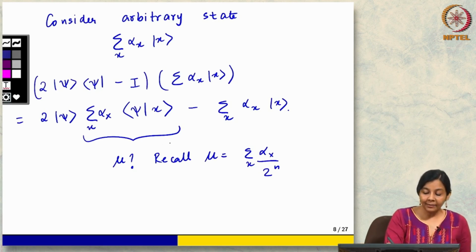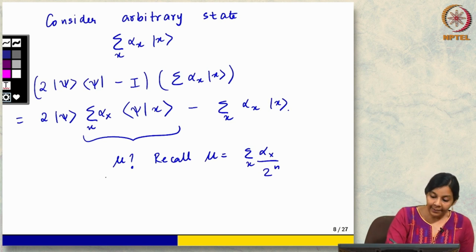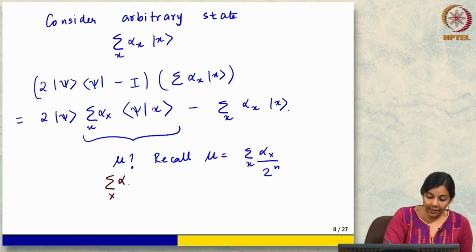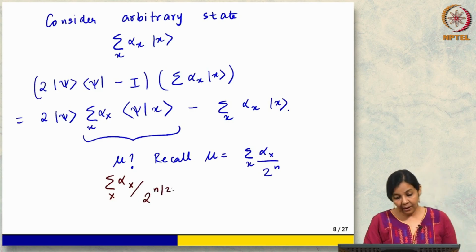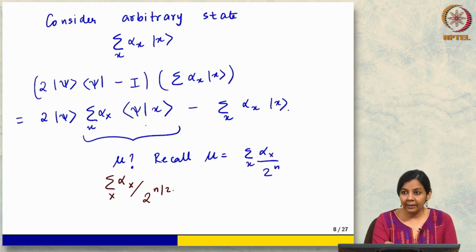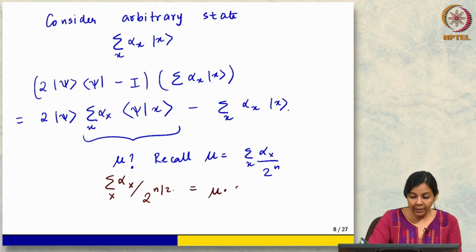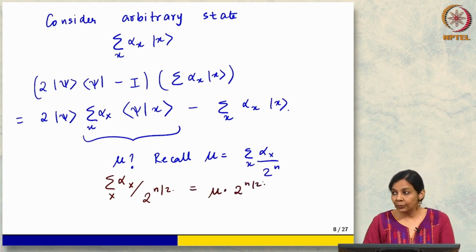So, I claim that this term with the curly under brace gives me summation x alpha x divided by 2 to the n over 2. So, it just follows from the definition of psi, right, and the inner product, what about the inner product? Exactly. So, it will just be 1, right. So, this is what I get. So, in particular, what is this going to be? This is mu times 2 to the n over 2, right.